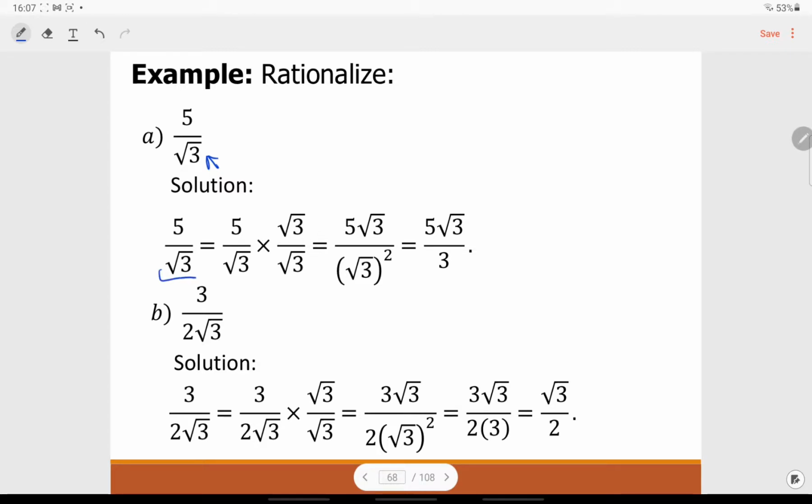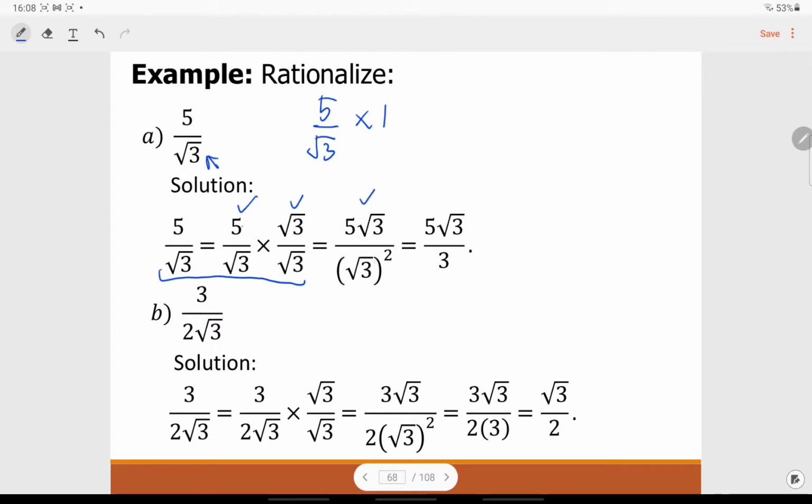Why does the equation remain true? Because we are multiplying 5 over surd 3 by 1, since surd 3 over surd 3 is equal to 1. That means we can proceed. Because this is the multiplication of two fractions, we simply multiply the numerators: 5 times surd 3 gives 5 surd 3.